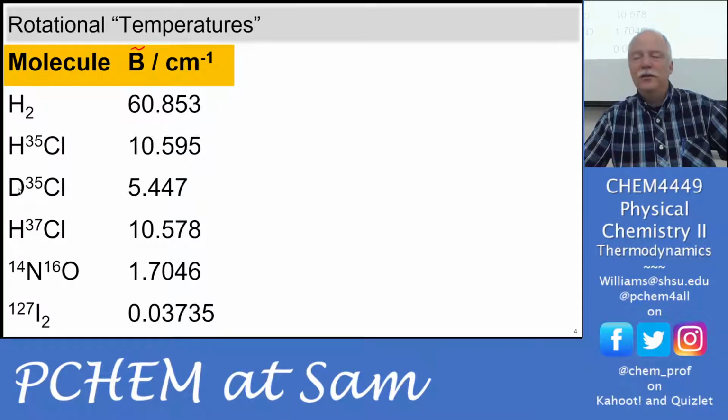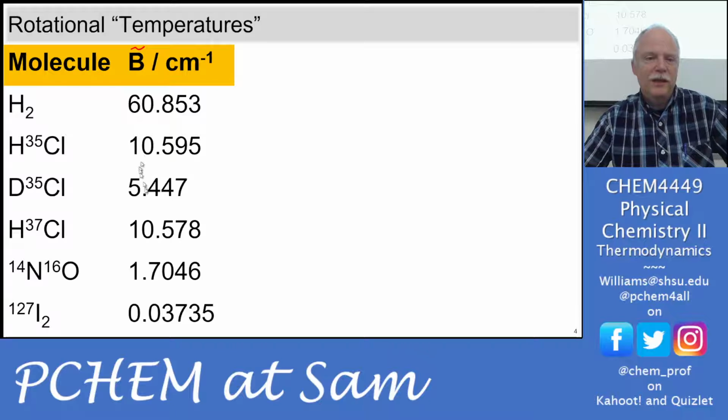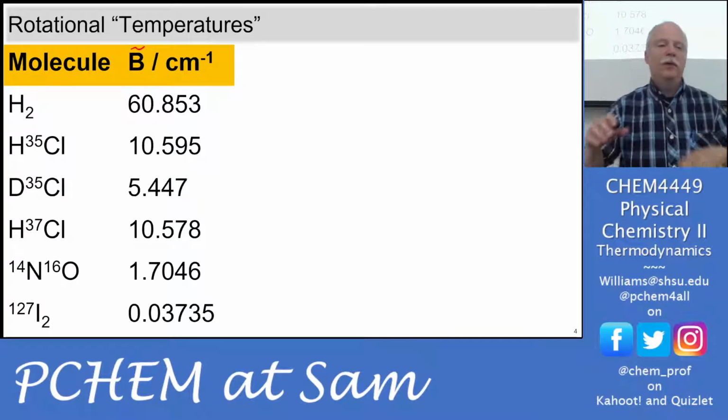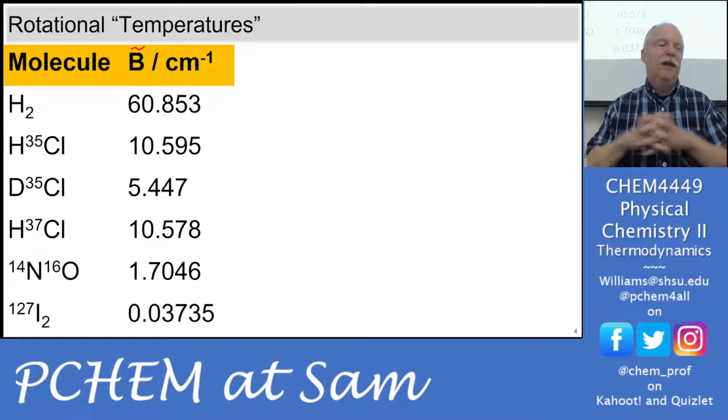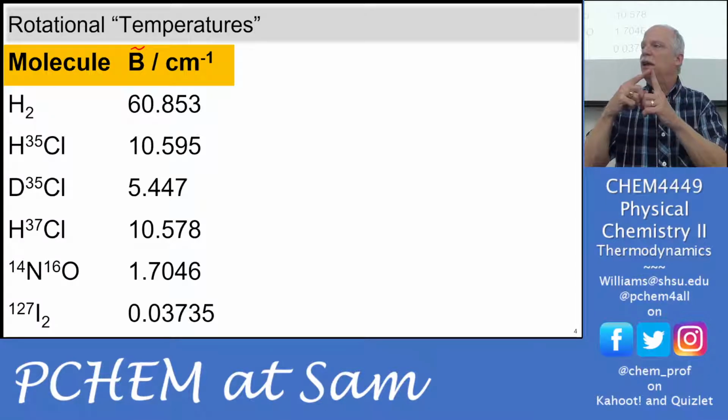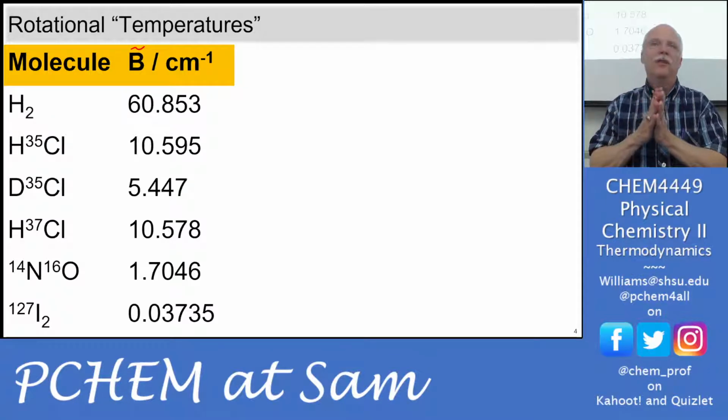Notice that HCl has hydrogen in it. What if we make it a deuterium? We double that mass, and it pretty much cuts that rotational constant in half. And then last fall we did the iodine lab, where we were looking at the electronic spectra and we saw the individual vibrations. I was talking about how there were rotational levels under that vibration, but we couldn't resolve them. Well, this is why.